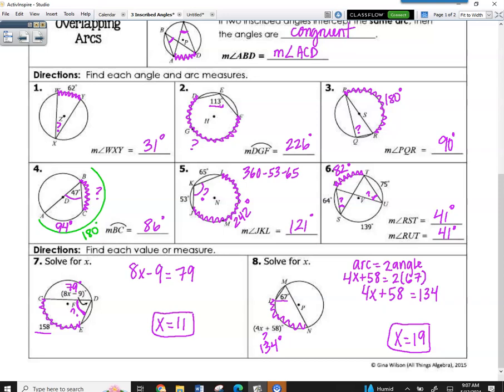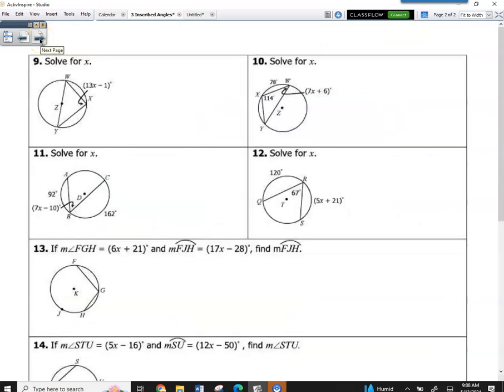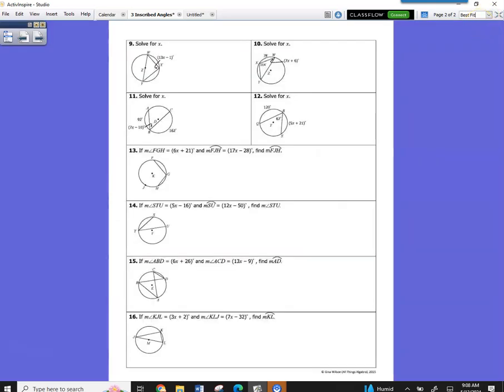All right, you have 8 practice problems on the back. You should get nice, pretty numbers on every one of them, and they are the same stuff we've been doing. On 9 through 12, you're just solving for x. On 13 through 16, you're solving for x, and then they want you to plug it back in. I'm going to write the answers on the board so you have a checkpoint, but you should be showing your work.